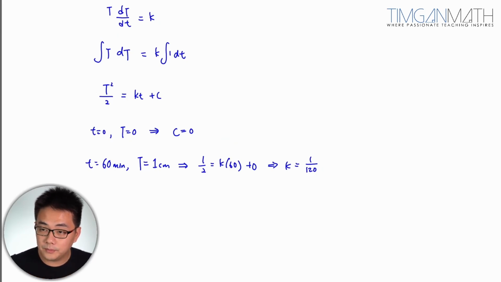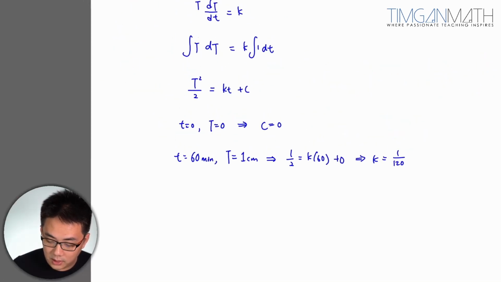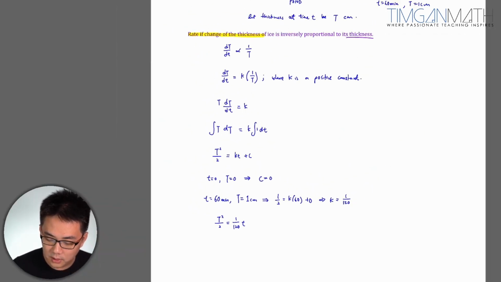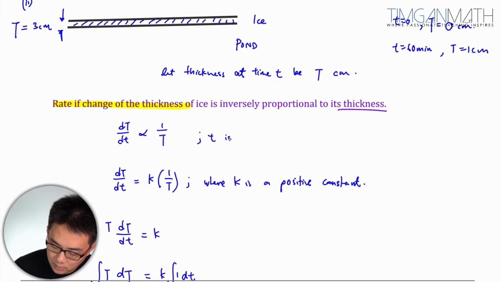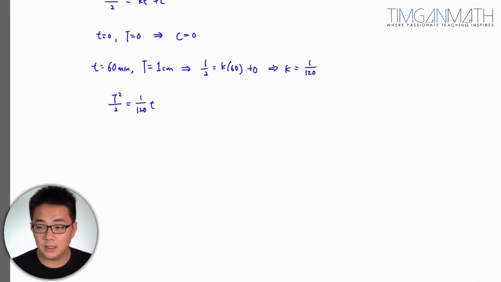Okay, so find the time. Great. In this case, what we get is T squared over 2 equals t over 120. Remember, t is in minutes, because they gave it to you in minutes. So find the time from when the freezing commences, from t equals 0, until the ice is first safe to skate on.